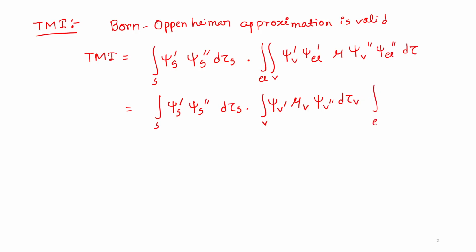And when it is not valid, that is, due to some perturbation, that is the thing we are going to learn in the upcoming slides. When there is some perturbation, there is going to be a coupling between the vibronic states and the electronic states, and they are no longer separable. Then you will use this.